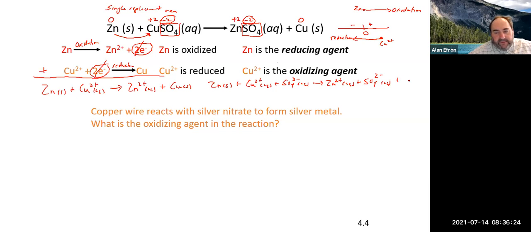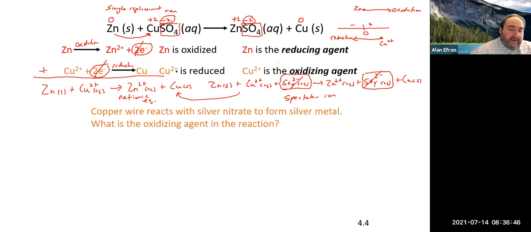And our copper, which is solid, would stay together. Again, if we look on both sides of the equation, we can see that the sulfate is our spectator ion, right? And again, if we cross that out, that brings us here to our net ionic equation of what is going on.